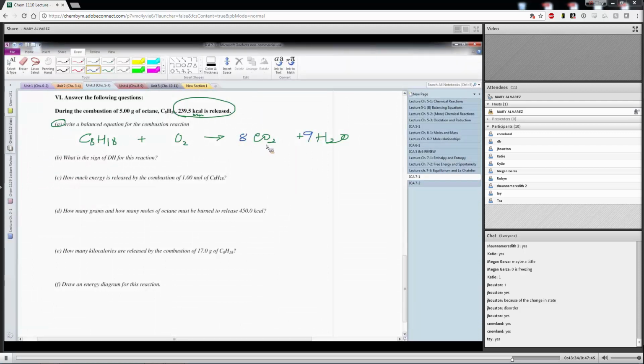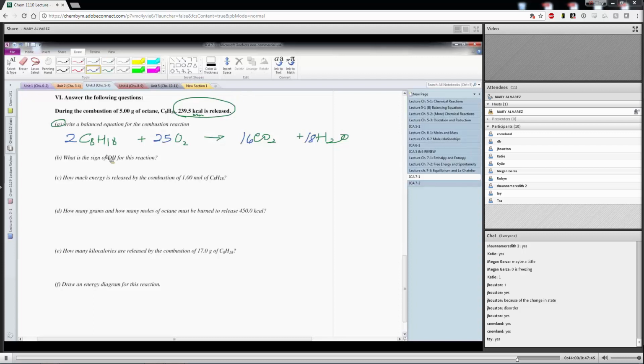That would give me 16 plus 9 would be 25, but these come in pairs, so I'm going to have to put 25 halves here and then multiply everything by 2. So that then would be 2, 25, 16, and 18. So there we go, balanced equation for the combustion reaction.